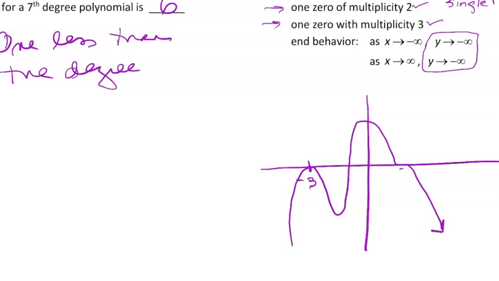So I'm going to put this at, say, 2. Let's put this at -1. Do I have what I need? It's down, down, so that's good. I have the end behavior taken care of. This has a multiplicity of 2. This is a single. And this has a multiplicity of 3. So that satisfies it. There are other shapes that satisfy it, but this one certainly does. I hope you found this helpful.